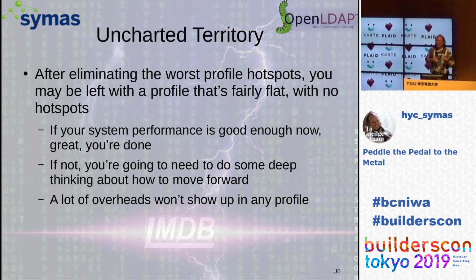Now, if your system performance meets the goals that you want, then that's great. Your work is done. Everything is working well. If you actually need to get further, then you need to do some more deep analysis. And a lot of the things that are coming up next, they won't actually stand out in a profile trace.